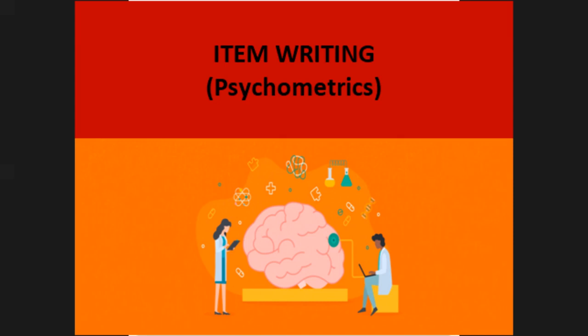So if you're using a Likert scale, it starts with strongly disagree, disagree, neutral, agree, and strongly agree, so you need to have homogeneity in answering.